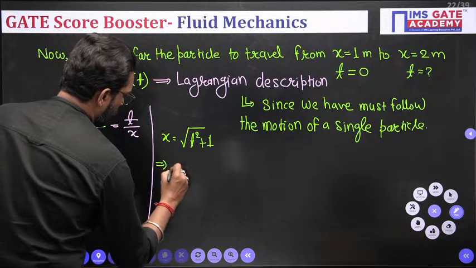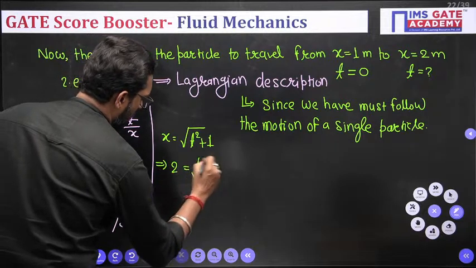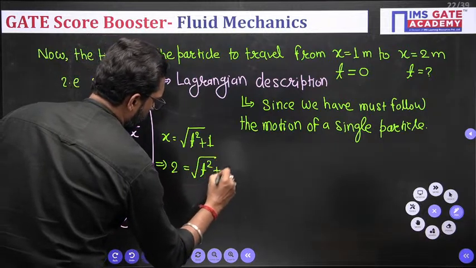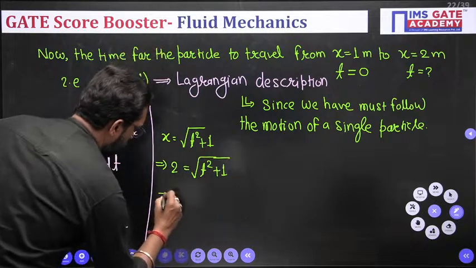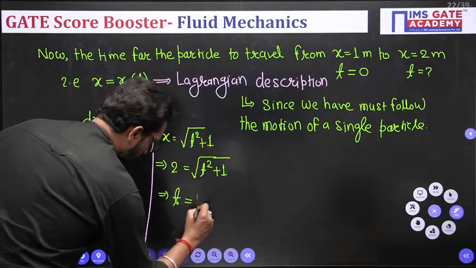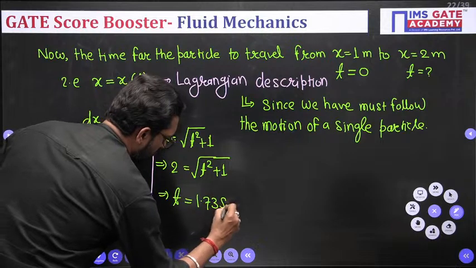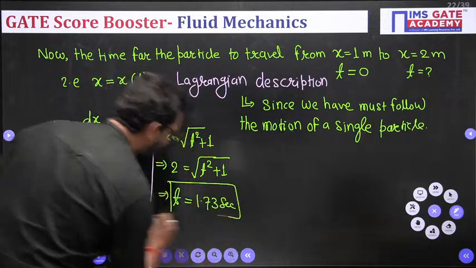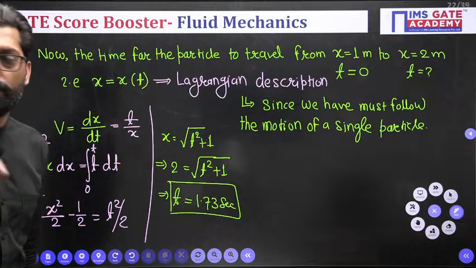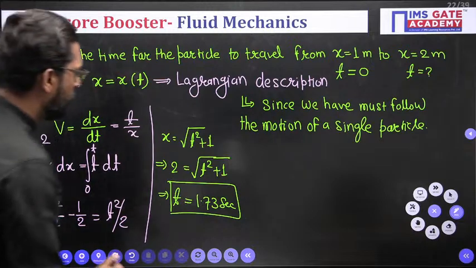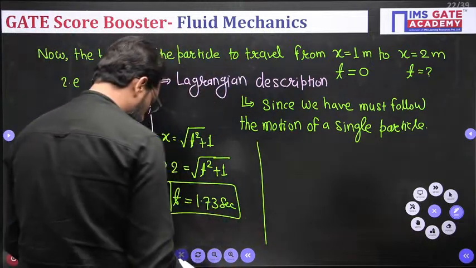So x is equal to 2 is equal to square root of t square plus 1. So t is equal to 1.73 second. This is the time for the particle to go from location 1 to location 2.